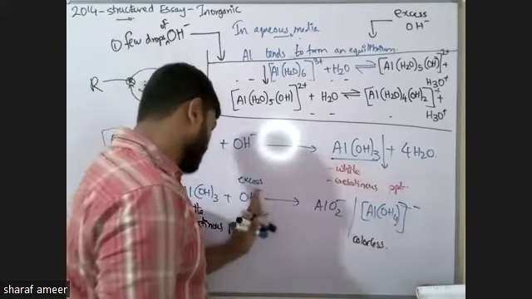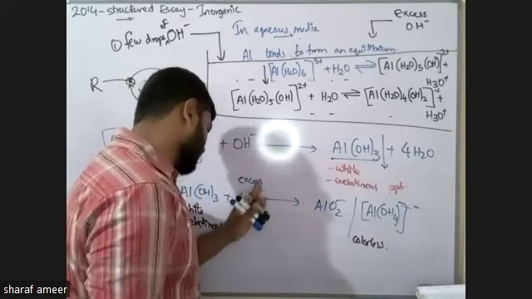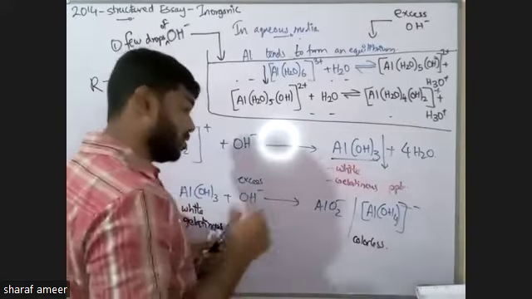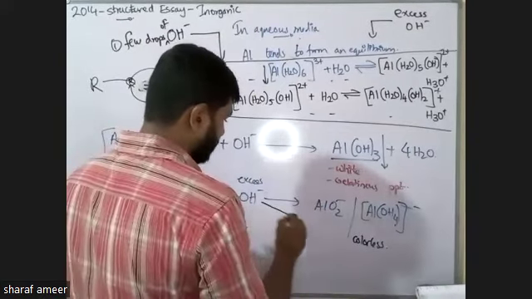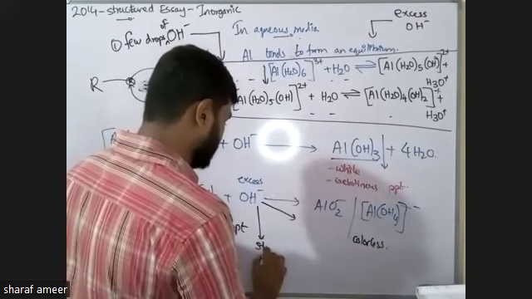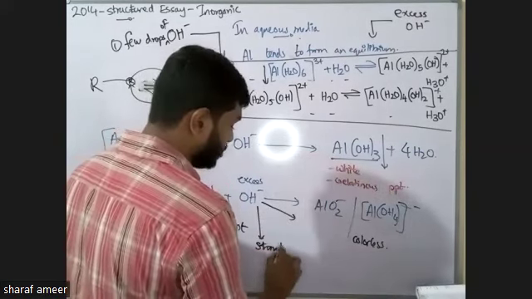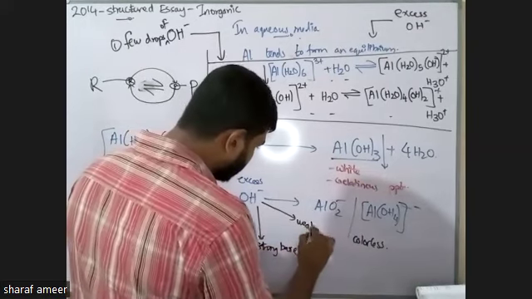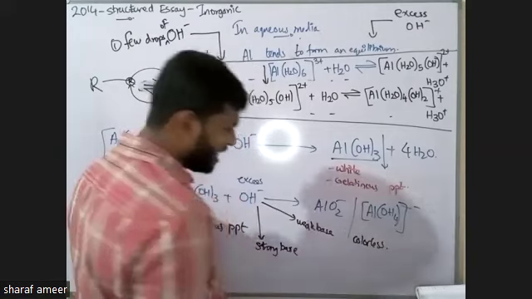But once you consider any OH minus, there are two types, which I'll also explain. We have strong base and weak base.